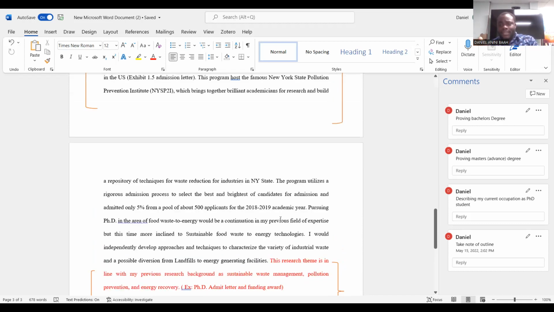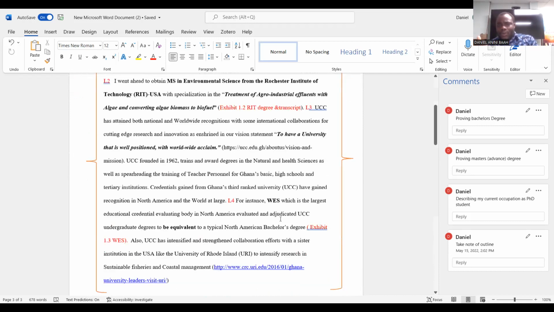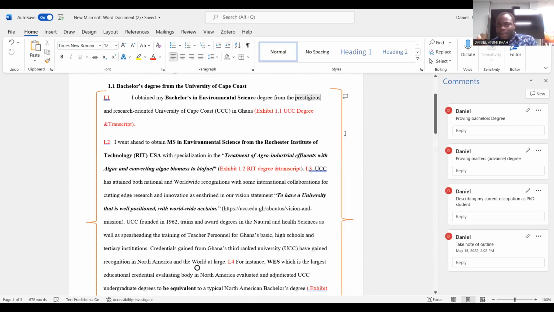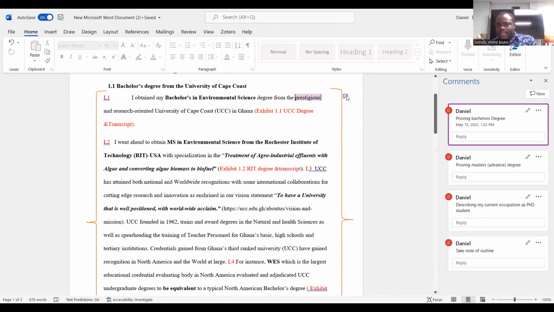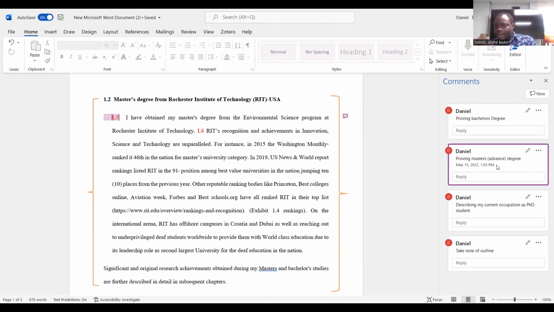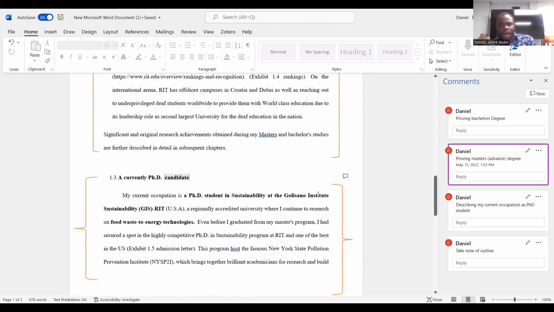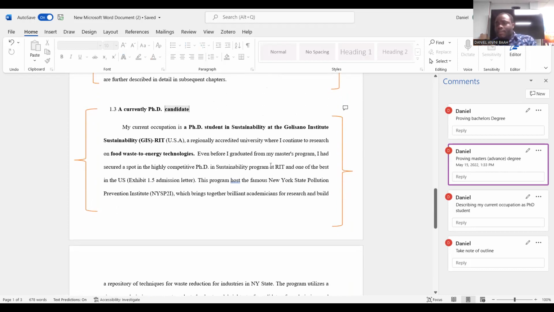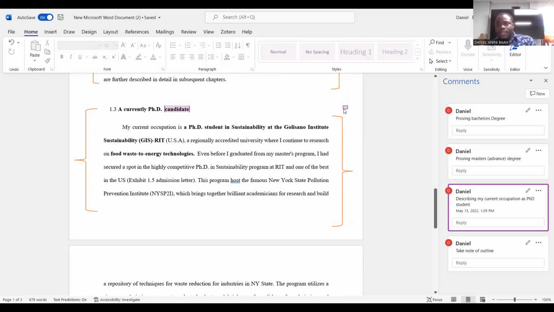So as you have seen it. Now, let's look at it once again. In the first paragraph here, as you can see, he was talking about his bachelor's degree. In sub-paragraph 1.2, he moved from the bachelor's and began talking about a master's degree. And after that, he's talking about his current occupation, which is a PhD student.